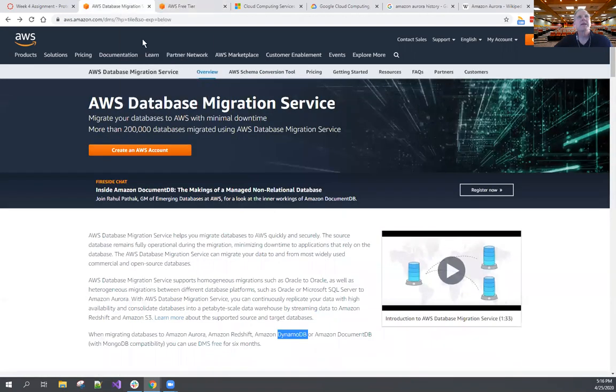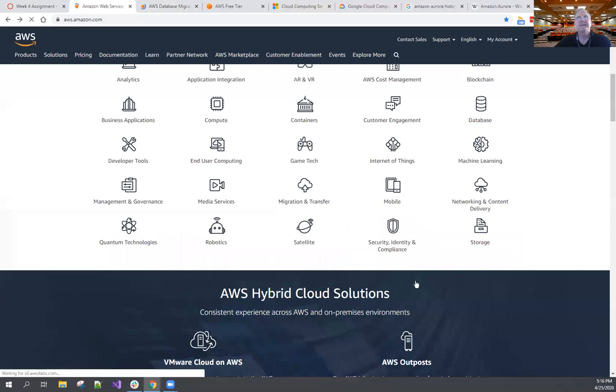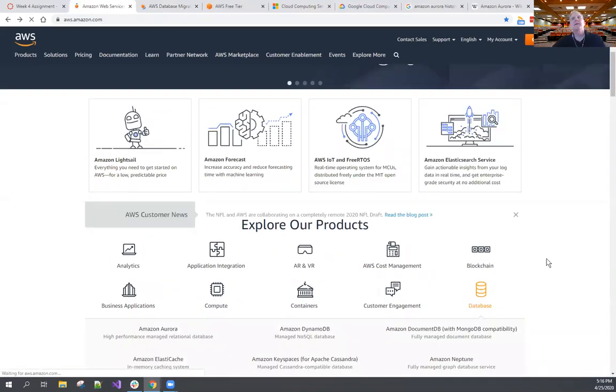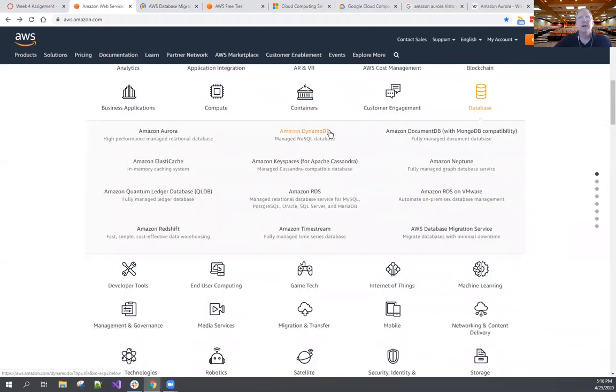We duplicate this and then come back here to the list of databases. So DynamoDB, it's a managed NoSQL database, and then Redshift is data warehousing.